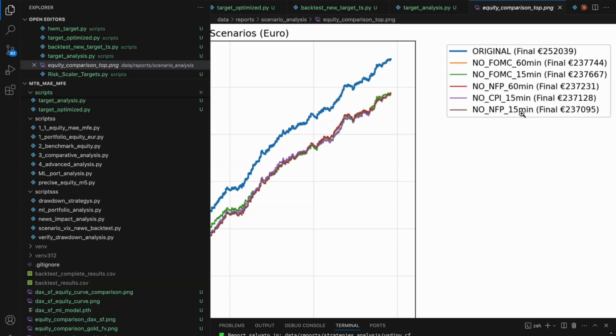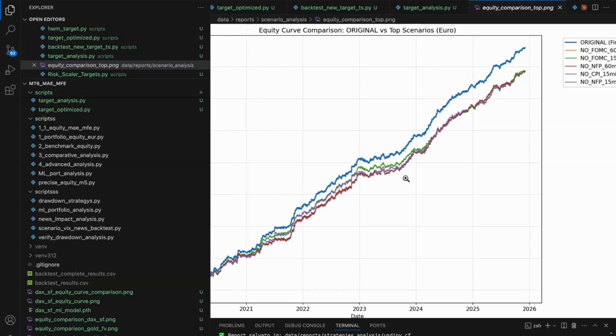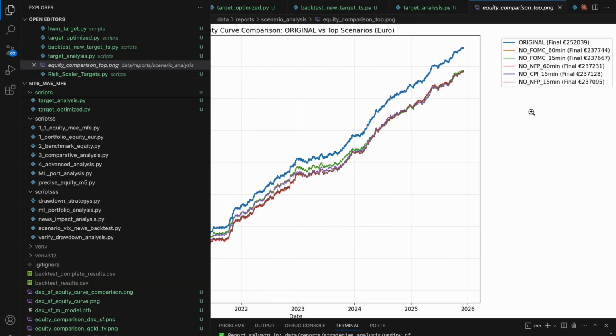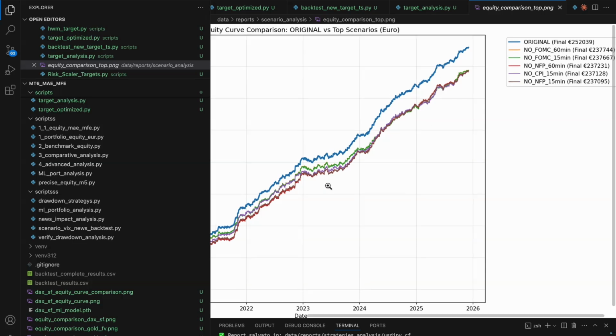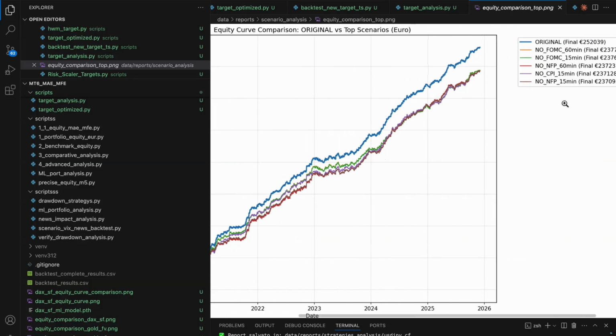for different minutes. And in the end, those are the equity lines. My portfolio with all of my algorithms and different strategies is performing better with all of the news, even if sometimes it's not benefiting, so it's losing a little bit more money, but overall, over 6 years, it did perform better.